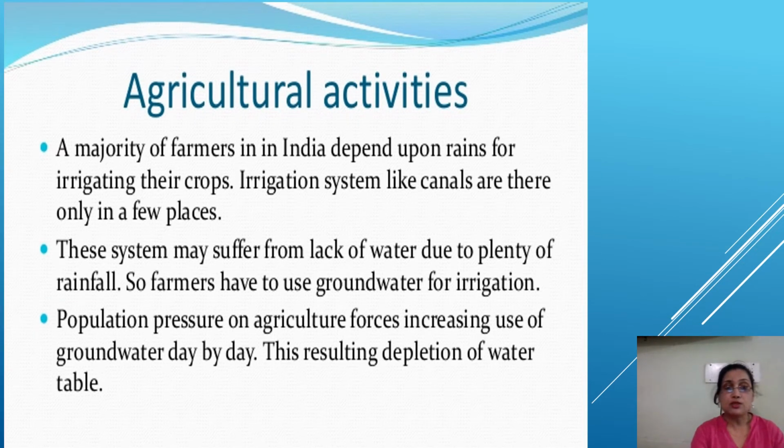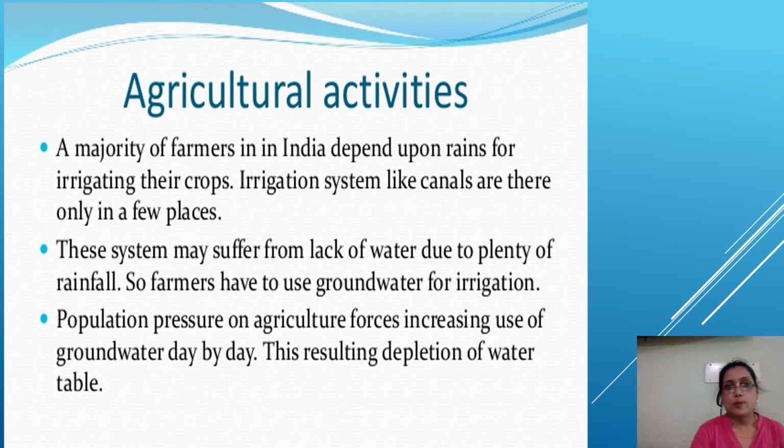Agriculture activities: if there is no rain, the farmer depends on groundwater. They draw groundwater for irrigation purposes and all. It's quite natural that more water will be used, so there will be depletion of water.